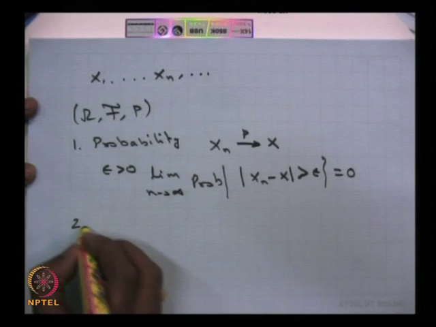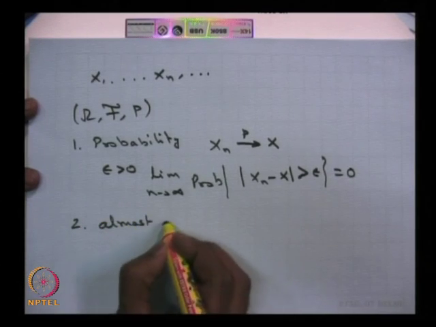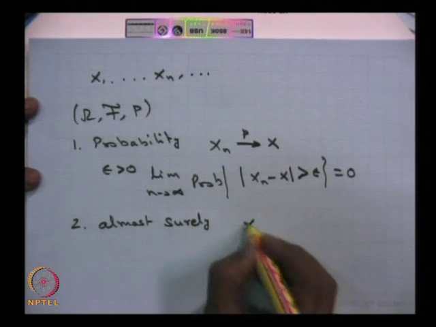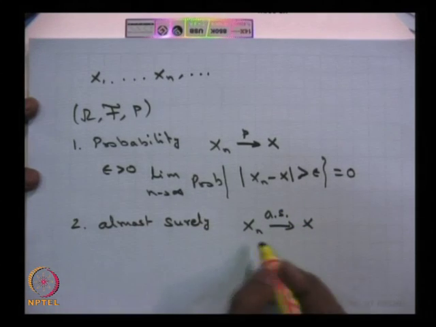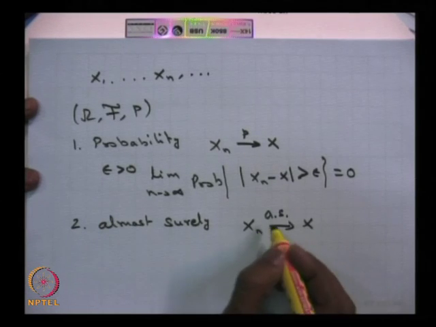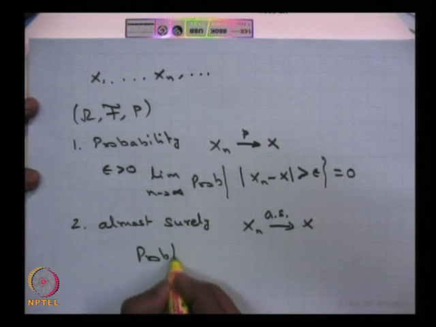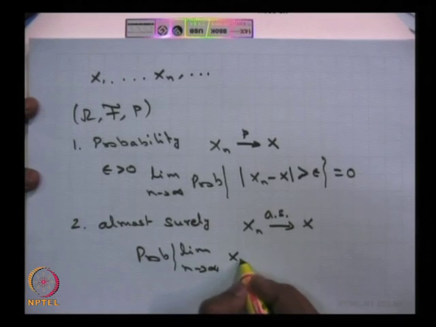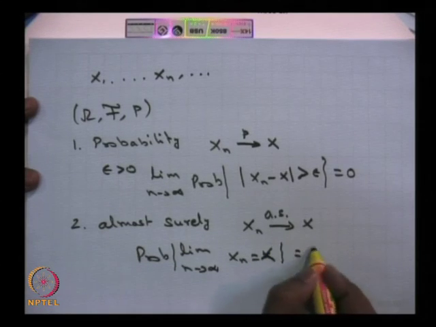The second one is convergence almost surely. This is the second mode of convergence. The notation is X n converges to X a.s. That means the sequence of random variables converges to the random variable X as n tends to infinity, almost surely, provided the probability of the limit as n tends to infinity of X n equal to X is 1.